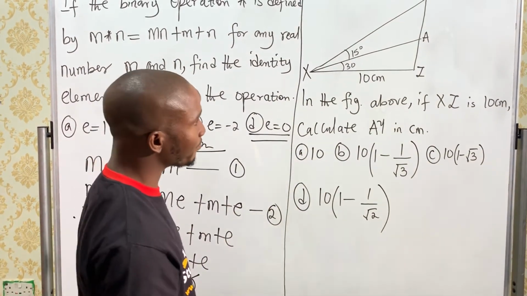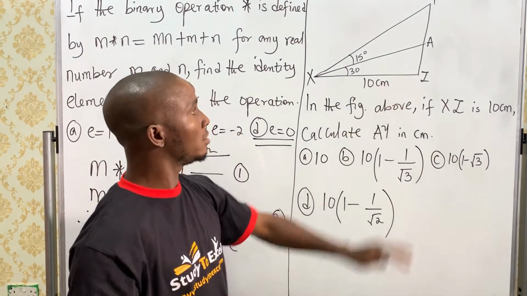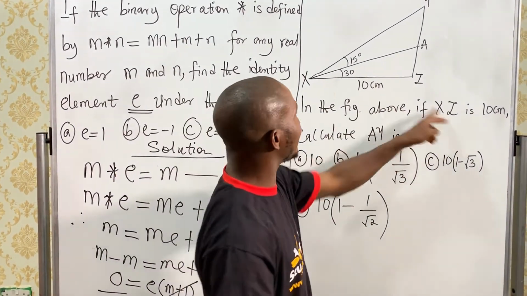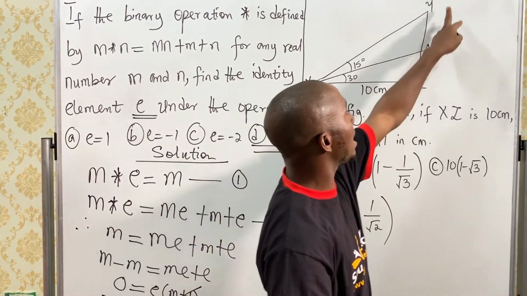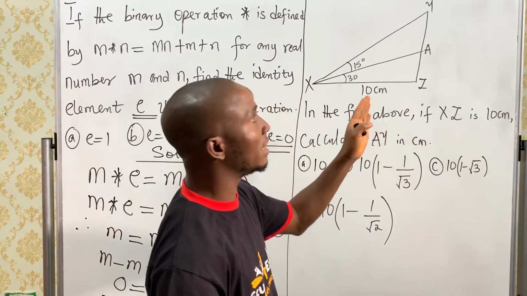Now, question 4. We are given this figure. If XZ is 10 centimeters, we have to calculate AY. Now, look at this figure very well.